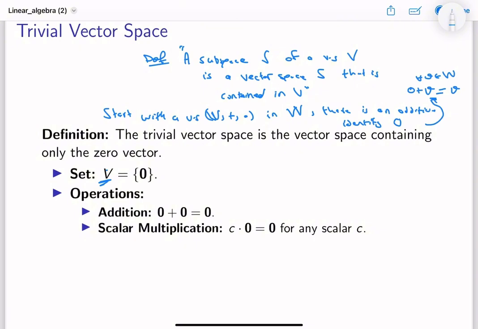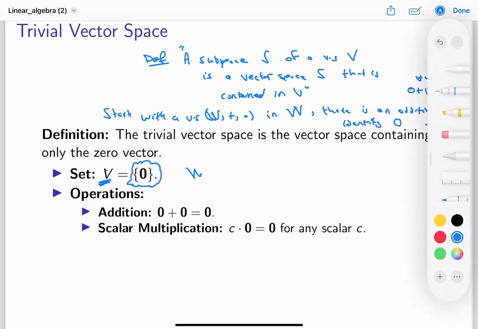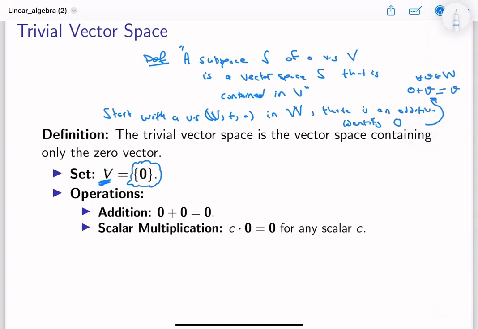And now I'm telling you, if you take the set that contains only 0, and let's call it V, this set is itself a vector space. But what operations are we talking about here? Well, the operations that omega has for itself, the addition and the scalar multiplication defined for omega.